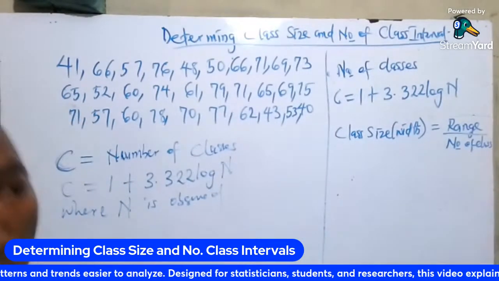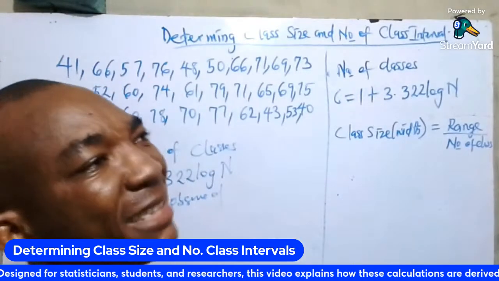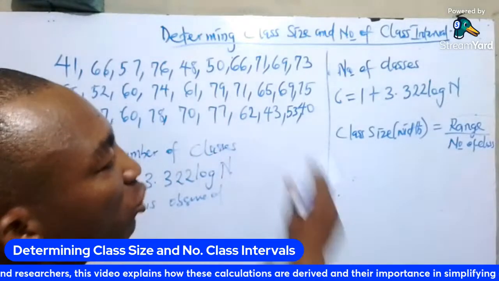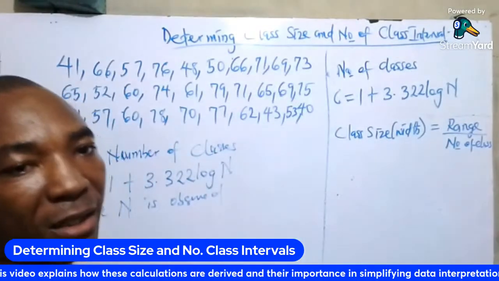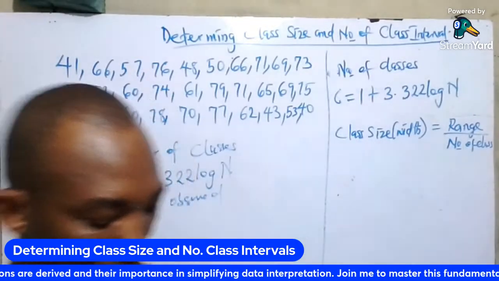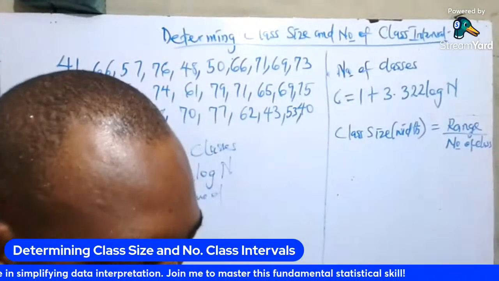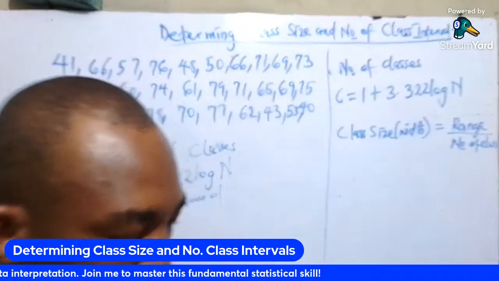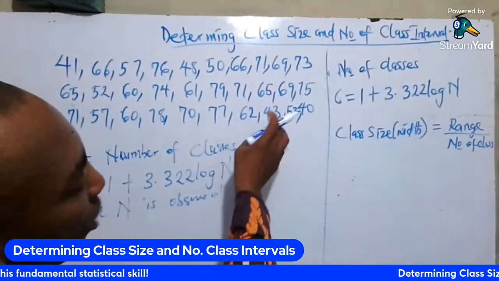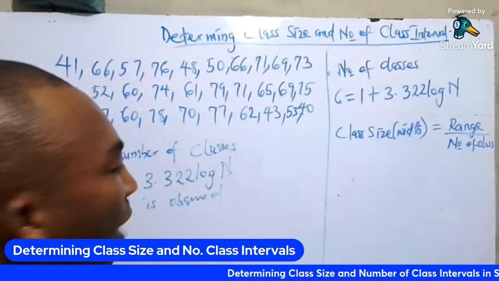Just do the data raw and determine what you want to determine. But once the data is 20 and above, you need to construct a frequency distribution for that data. That's the rule, with a maximum of 20 classes, where there is a large amount of observation. So you need to construct a frequency distribution table so that you'll be able to determine whatever you want to determine.